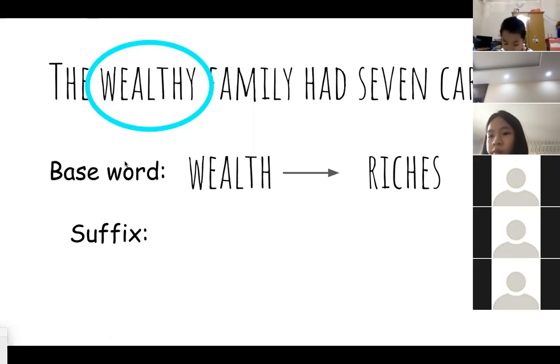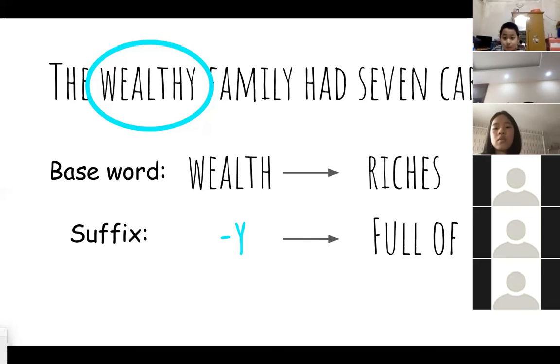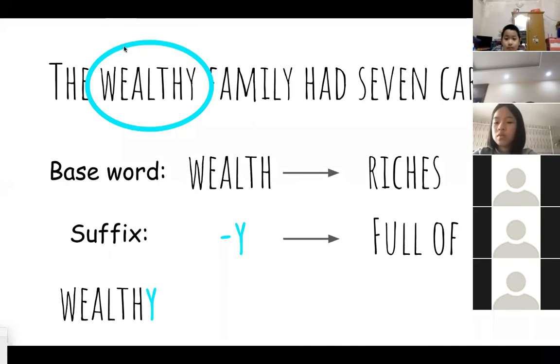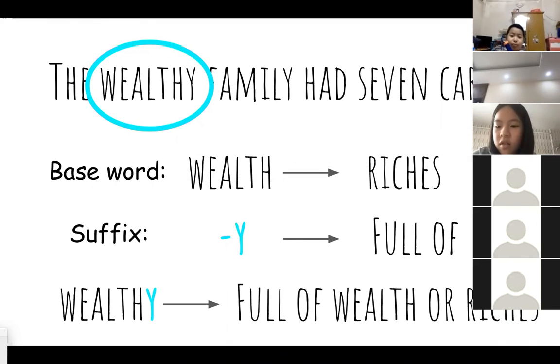What's our suffix or word part at the end? So wealth is our base word. What is the ending to the word wealthy? Y. Very good. And the suffix y means full of. So we can say when you are wealthy, you are what, Mitzi? You are very rich. So you can say you are full of wealth or riches.